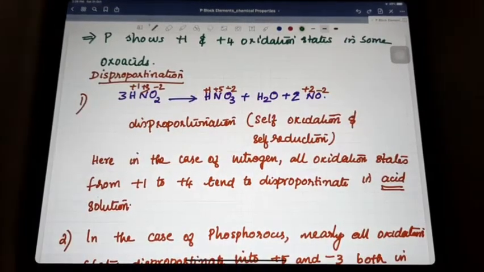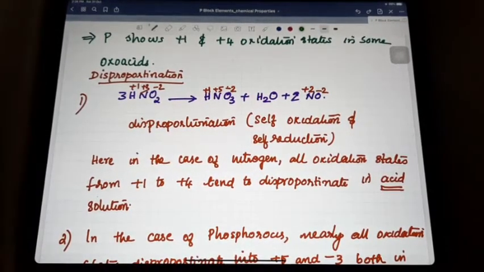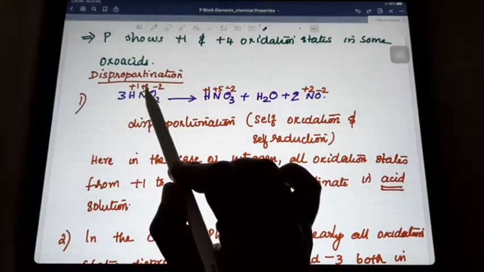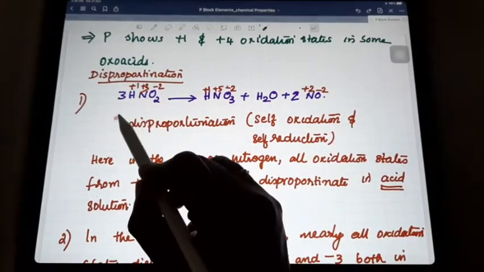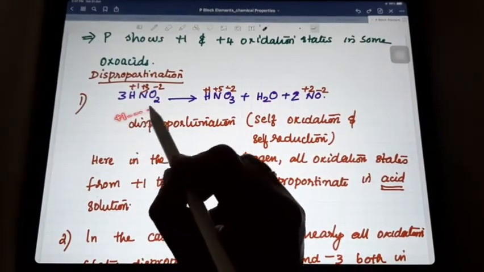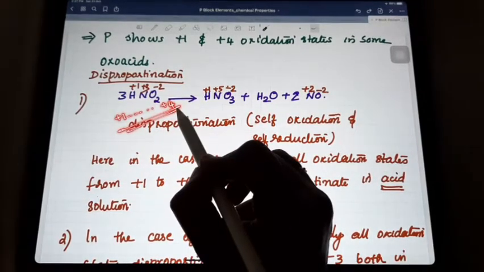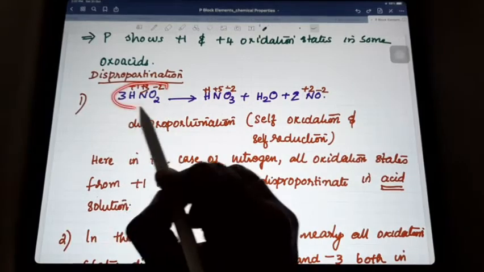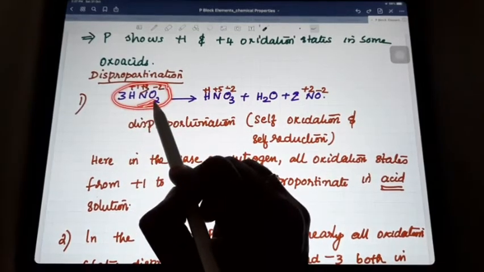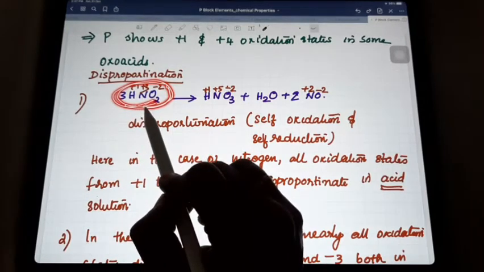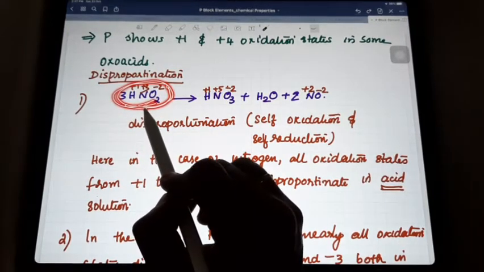Next, we are discussing the disproportionation of group 15 elements. There is one rule: in the case of nitrogen, if it has an oxidation state between +1 and +4, there is a chance of disproportionation. Disproportionation means that a particular compound can undergo self-oxidation and self-reduction.